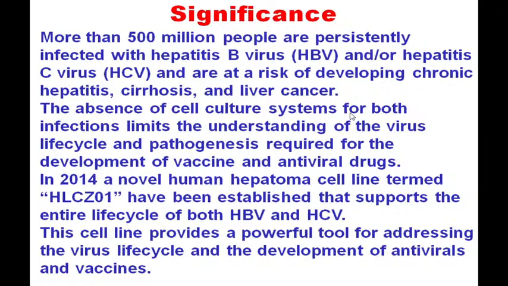So what is the result? We have limits in understanding the virus life cycle, due to the lack of a culture model, and we don't know the pathogenesis of the disease very well, because we still have some gaps.